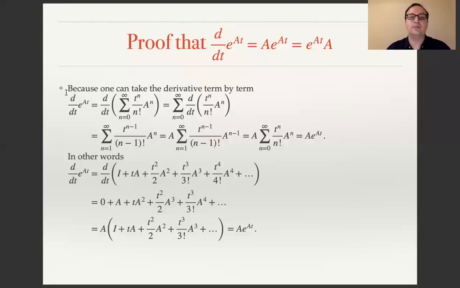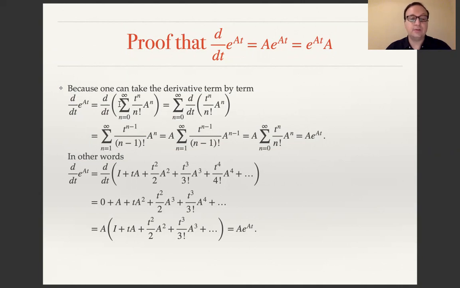So let's prove at least one formula, that the derivative of the exponential of AT is A e to the AT. And in the same manner, one can prove that it's equal to e to the AT times A. This proof depends on a theorem which we are not going to present, namely that the derivative of the sum of a power series is equal to the sum of the derivatives of the terms.